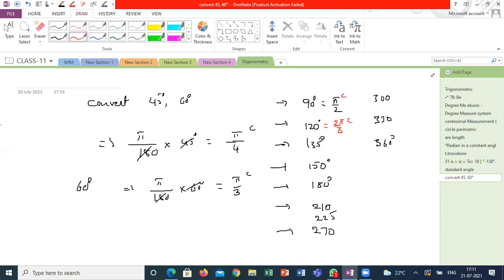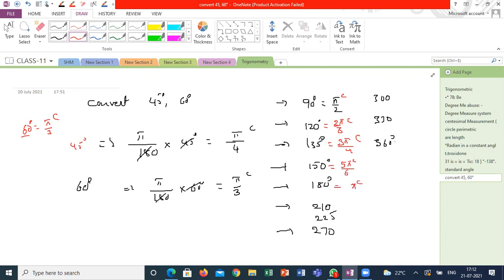Here you can write 60 degrees is pi by 3, so 2 times 60 is 2 pi by 3. 135 is 3 times 45, so 3 pi by 4. 150 is 5 pi by 6.